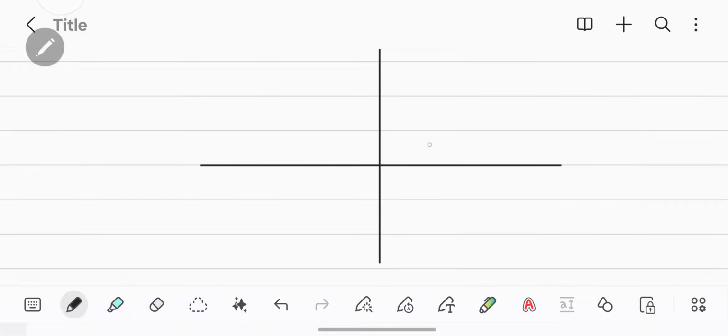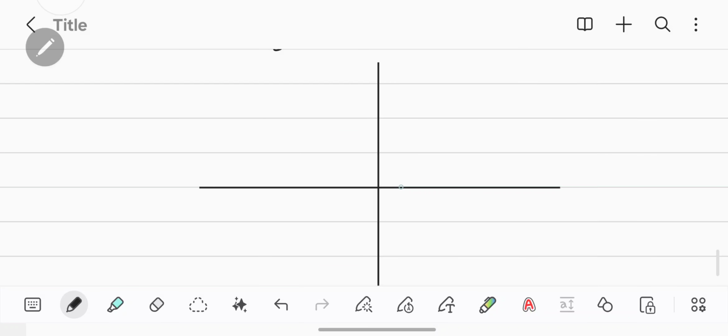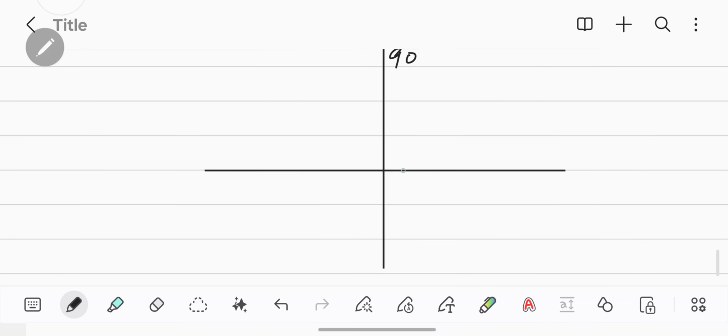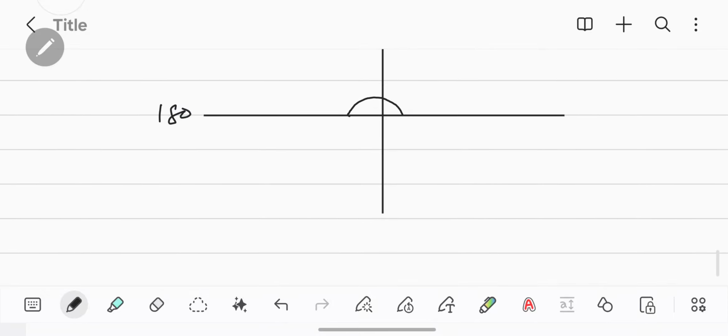Whenever you want to draw an angle, you start from the positive x-axis. You can go up or you can go this way. If you go this way, your angle is positive. If you go this way, your angle is negative. From here, if I go to this point, I will cover 90 degrees. If I go from here to here, I will cover 180 degrees.